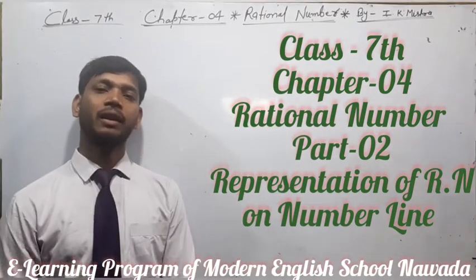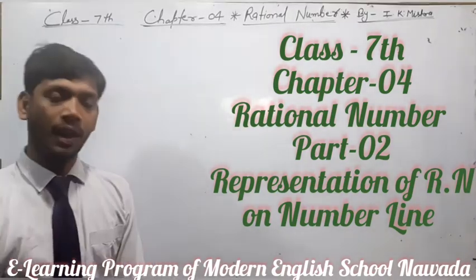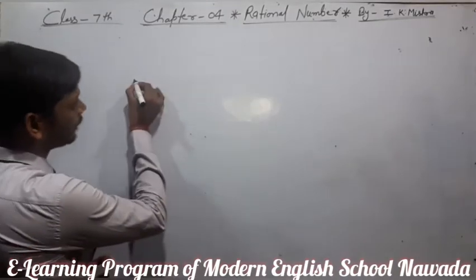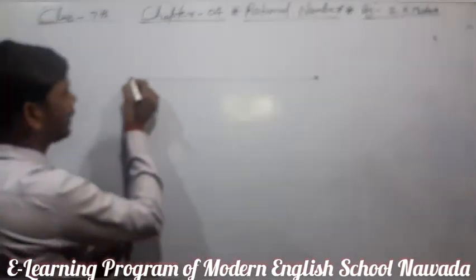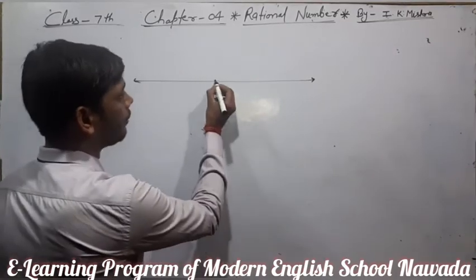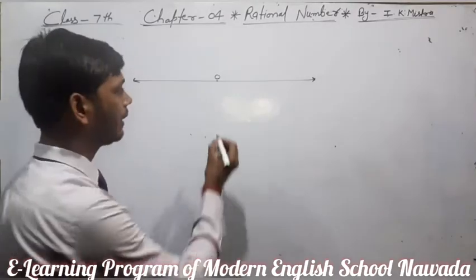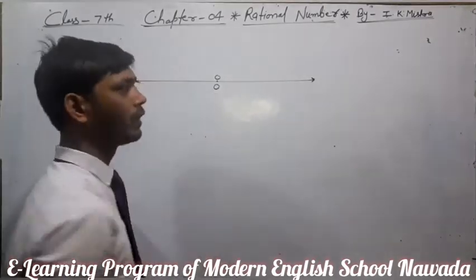For representing integers or rational numbers, first of all, draw a line. Here I draw a line on which I take a point O and take 0 here.